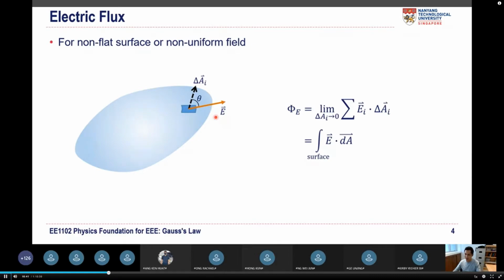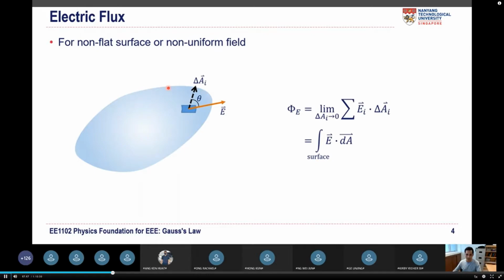In this case, like how we did it with a charge distribution, we need to consider an infinitesimally small surface area and how the electric field is passing through that particular area, and calculate the dot product between the electric field passing through that small area and the small area surface vector. Then we need to integrate over the entire surface, the non-flat surface or non-uniform field surface.